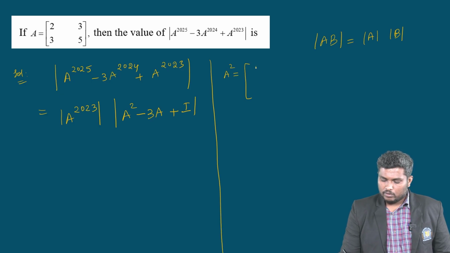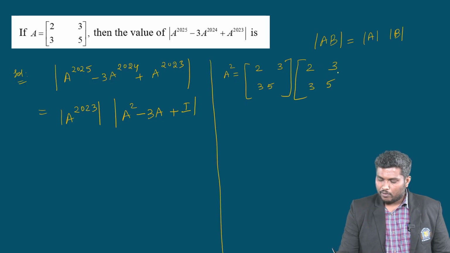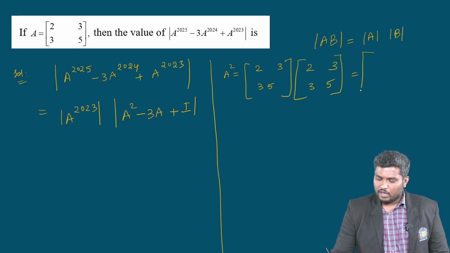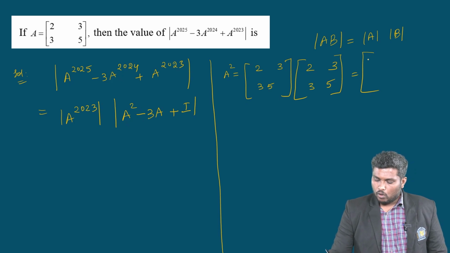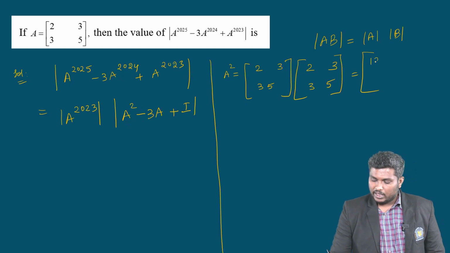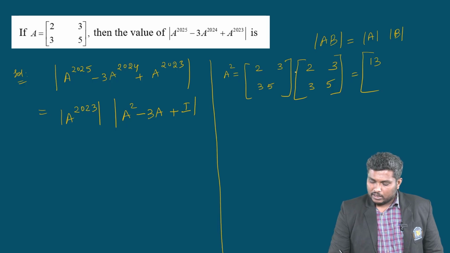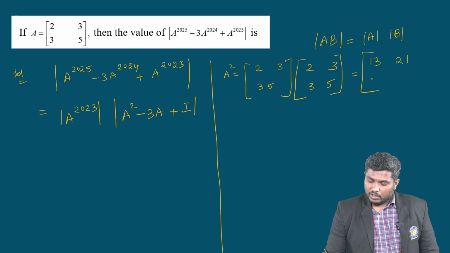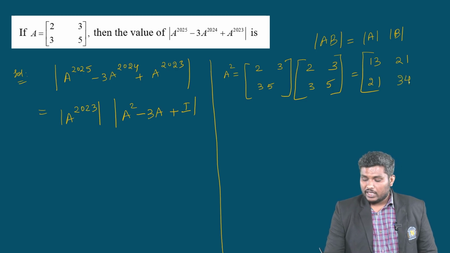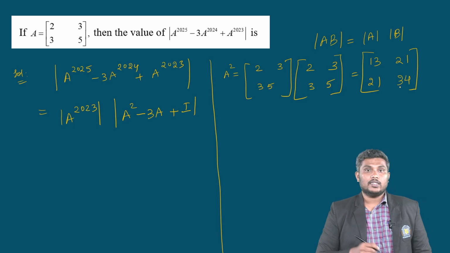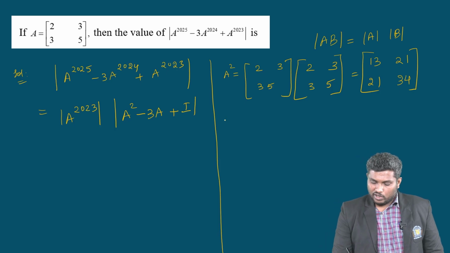A square is equal to [2 3; 3 5] into [2 3; 3 5]. Multiply: 4 plus 9, which is 13, 6 plus 15, which is 21, 6 plus 15 once again 21, 9 plus 25, which is 34. This is A square.